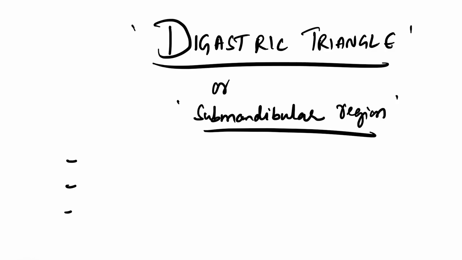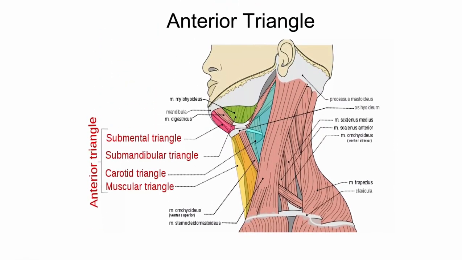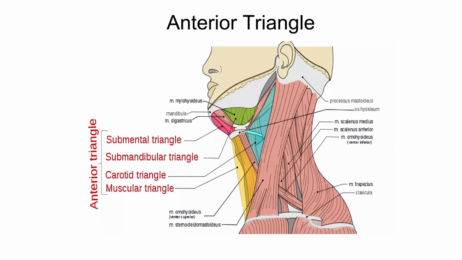Let me show you the diagrammatic representation here. With this black color line I will outline this submandibular triangle, also known as digastric triangle. Actually it is the area between the body of the mandibular bone and the hyoid bone.